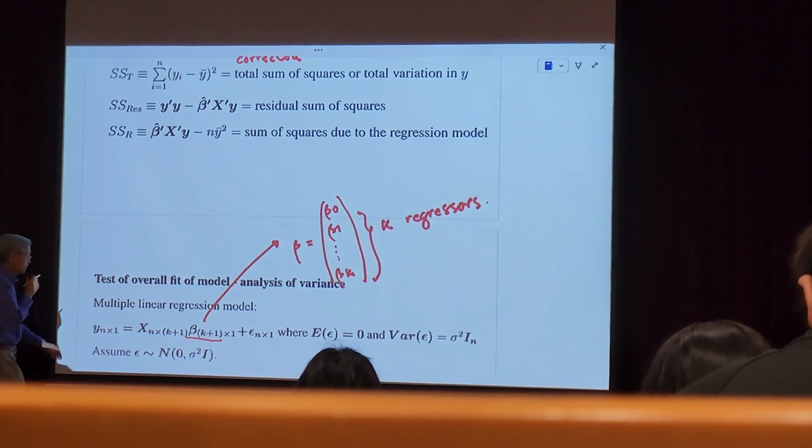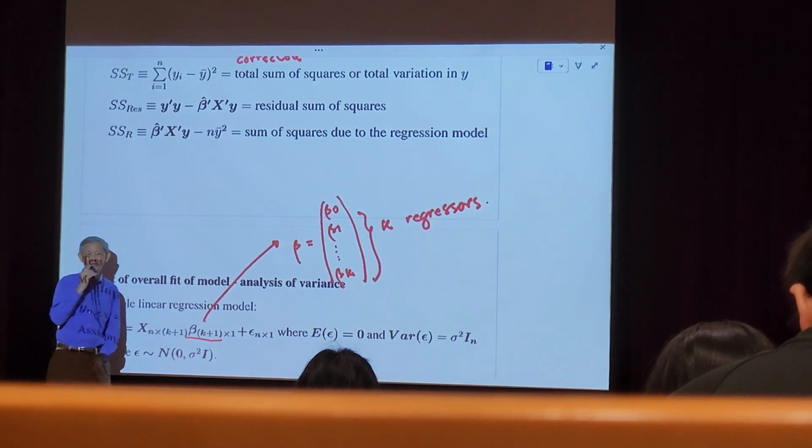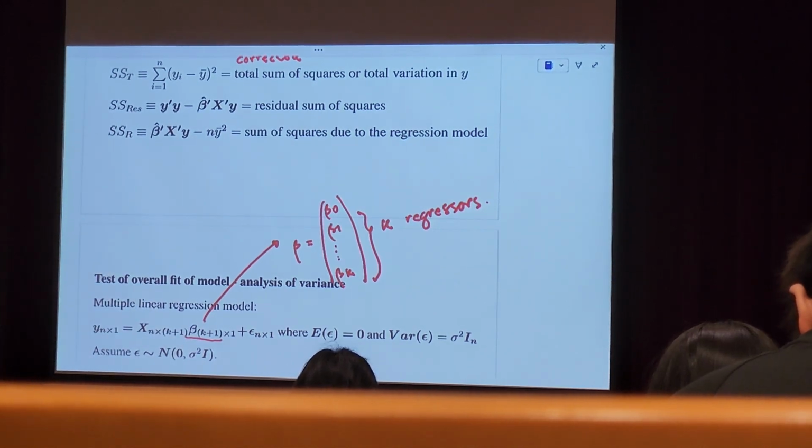So the total number of regression coefficients is k plus 1. What's the degrees of freedom for SST?